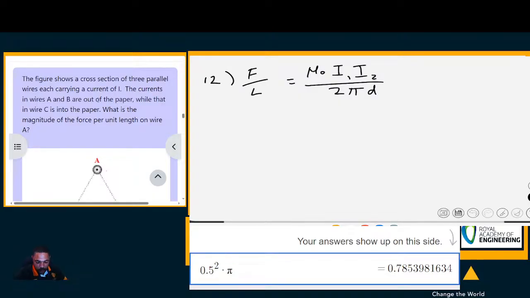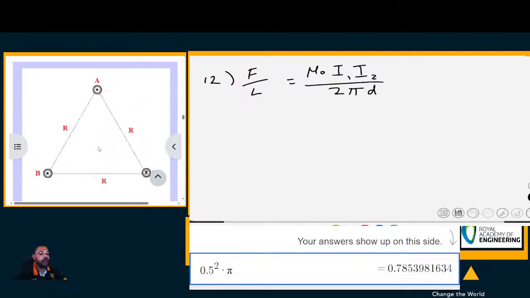In this case, the force between A and B, let me just place the drawing there. The force between A and B is just mu naught. Remember, both of them have a current. A and B have current I, so it's I squared.